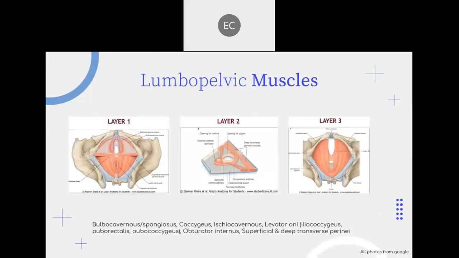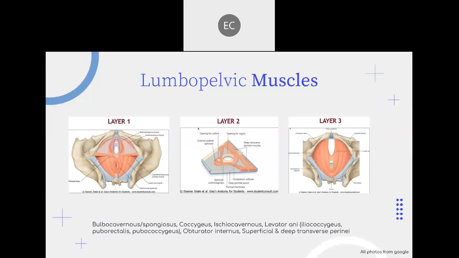So a little bit more in depth with the pelvic floor. Usually you'll see it being divided into 3 layers. So we have the first layer on the right, which is the ischiocavernosus muscle, the bulbospongiosus muscle, superficial transverse perineal muscle, and the external anal sphincter.